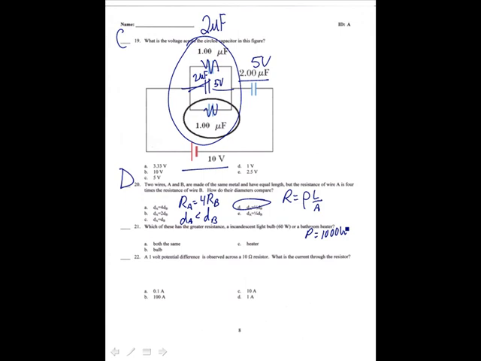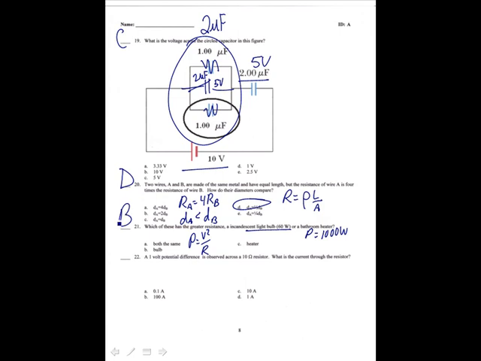And since P is equal to V squared over R, the smaller the resistance, the bigger the power. We're looking for the greater resistance, so the opposite is true: the bigger the resistance, the smaller the power. So the one that has the smaller power has the greater resistance. That's the light bulb, which is B.